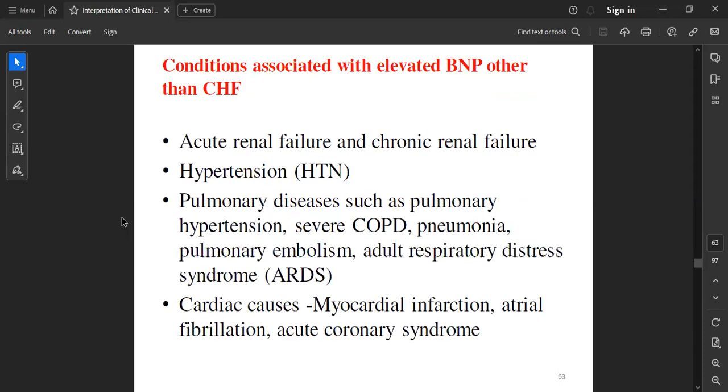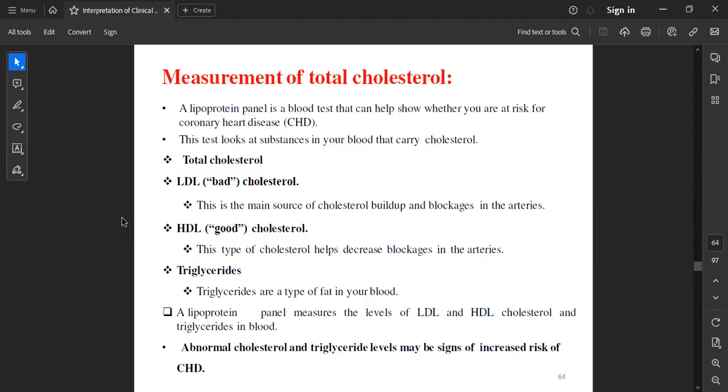But BNP can also be increased by other conditions like acute or chronic renal failure, hypertension, other pulmonary diseases, myocardial infarction. So it's also not a very sensitive marker. The most sensitive is the troponin, especially troponin I.